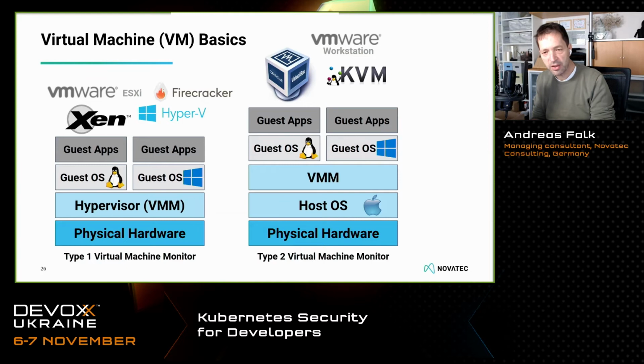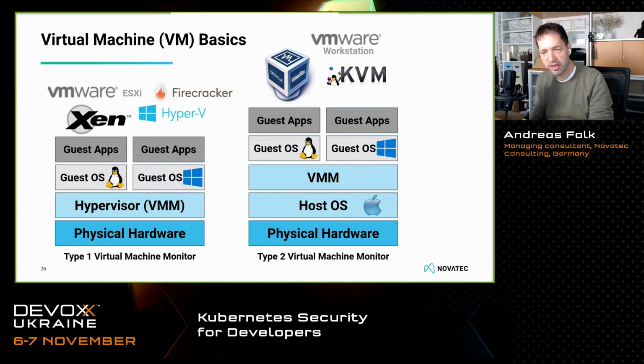In the second alternative, you have the physical hardware, then a host operating system running, and then the virtual machine monitor running above that. That's a bit more in the direction of containers, but it still has much more isolation than containers, because you are not running on the same Linux kernel in that case, as is the case for containers.